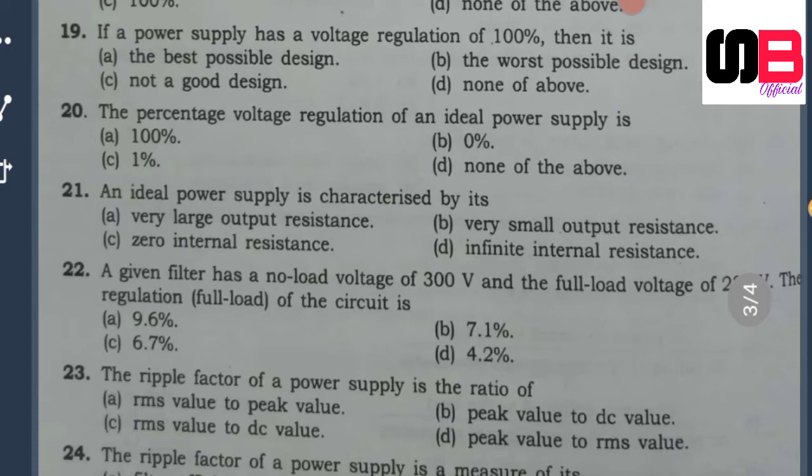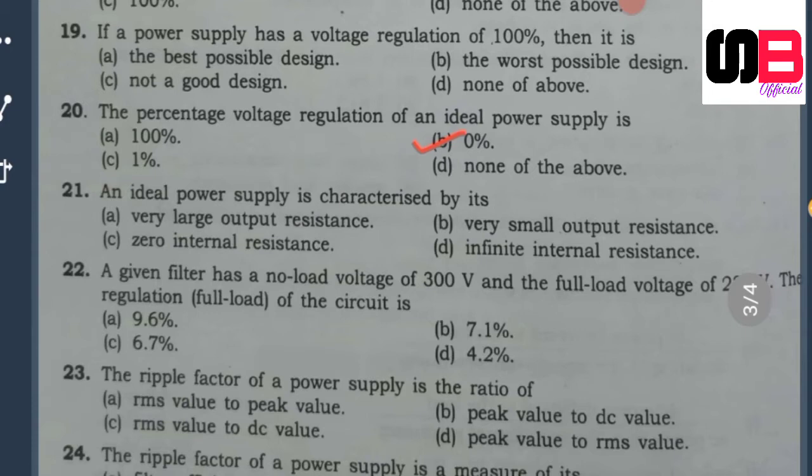The answer is that it is not a good design, option C. The percentage voltage regulation of an ideal power supply is 100%, 0%, 1%, or none of the above? The answer is 0%. The percentage of regulation for an ideal power supply should be 0%.